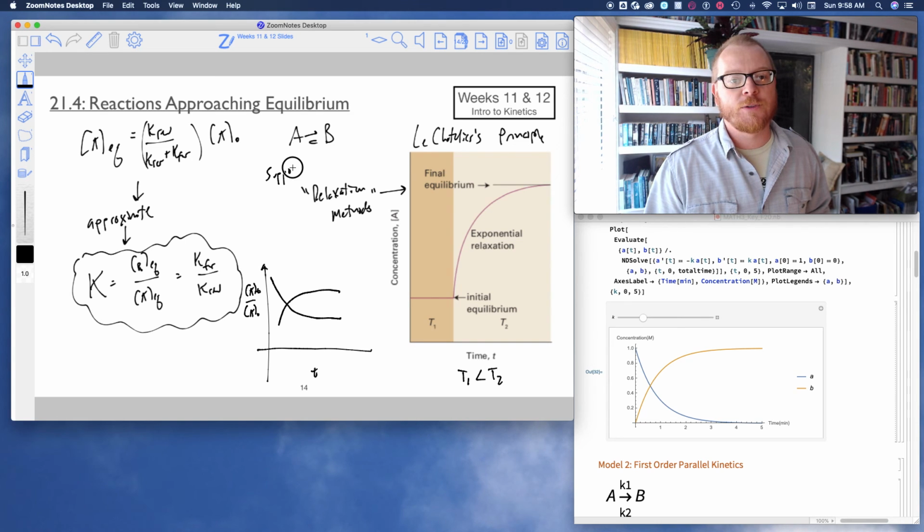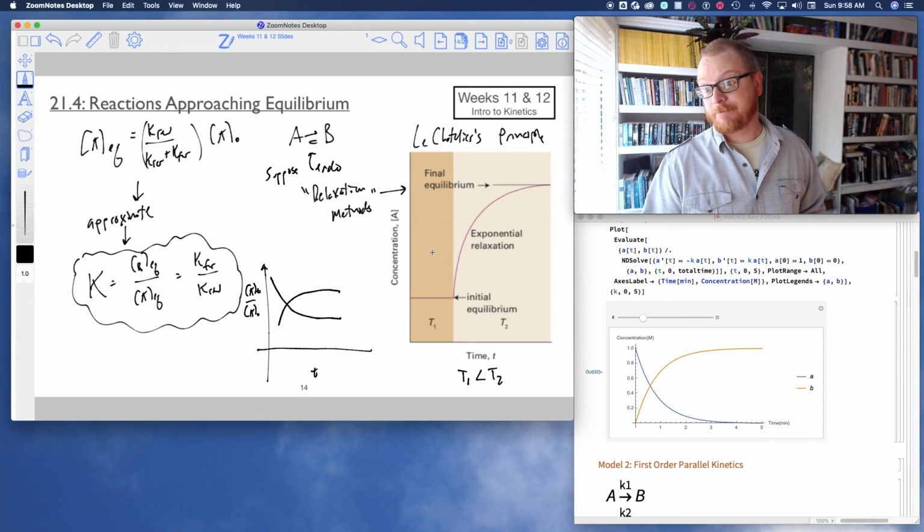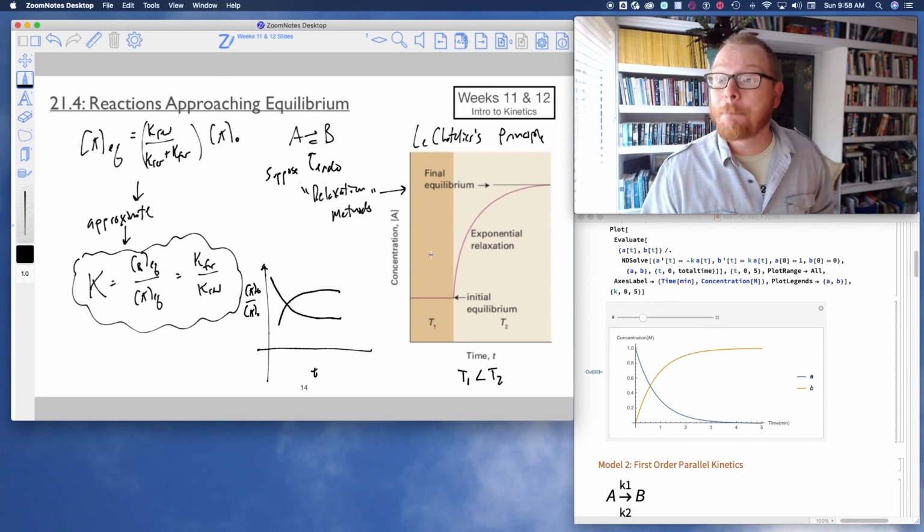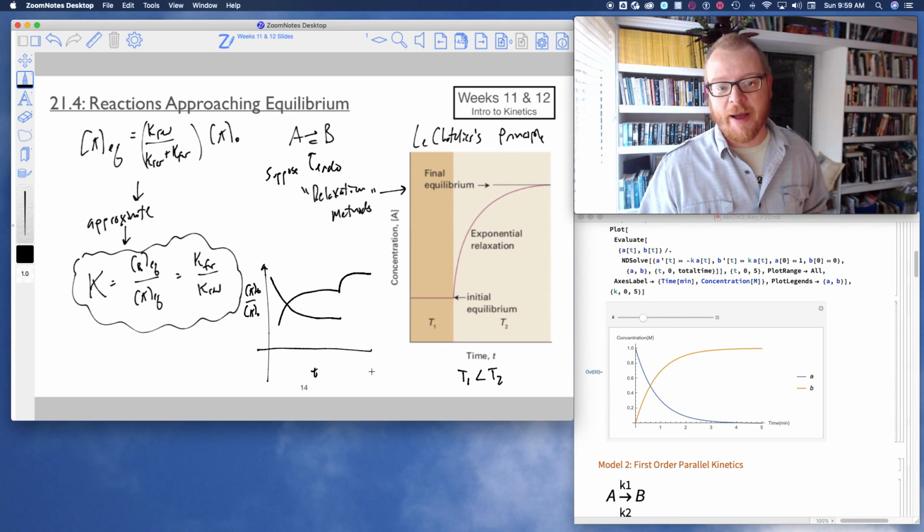So if I increase the temperature, I'm going to increase the production of B, right? So then now what I would see here is more B getting produced, but it would be another one of these exponential rises, and now we have a new equilibrium amount.